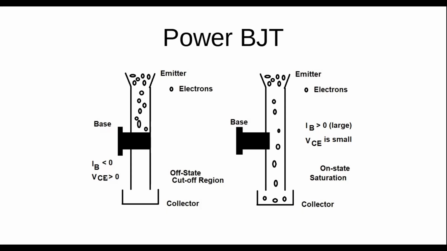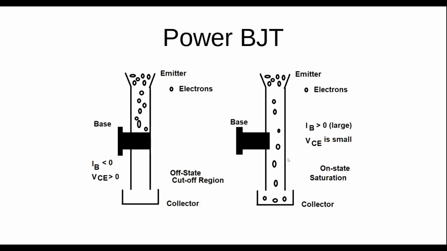That is why VCE is a positive value, to encourage the electrons to flow from the emitter to the collector. So when it's cut off, I can apply either a 0 base current or a minus value. That's equivalent to being in the cutoff region, or basically the off state.